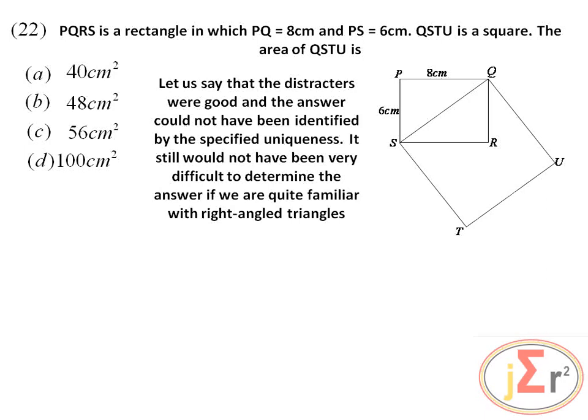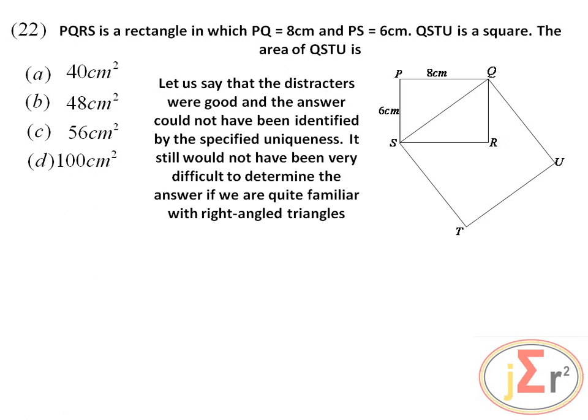Let us say that the distractors were good and the answer could not have been identified by the specified uniqueness. It still would not have been very difficult to determine the answer if we are quite familiar with right-angled triangles. So this is unique and we are able to identify it is unique. It's the only square number there, and we could just look at that and know that that should be the area of the square.